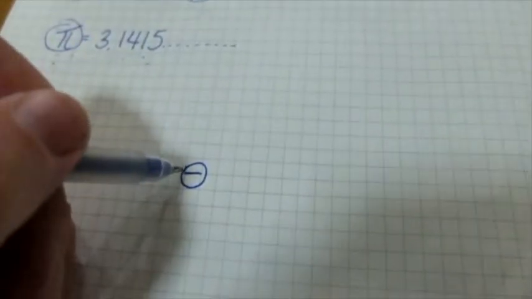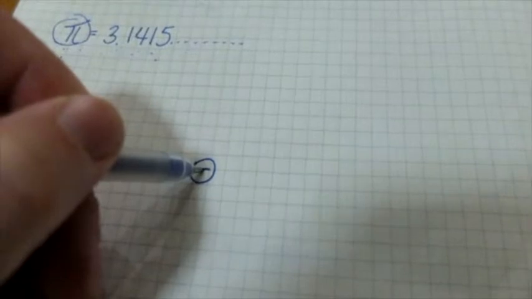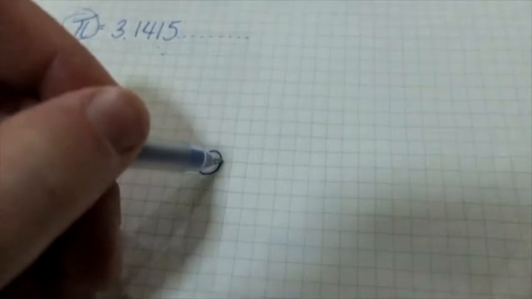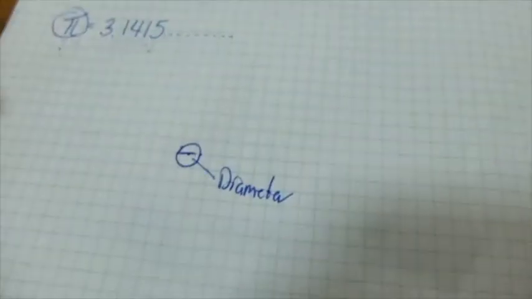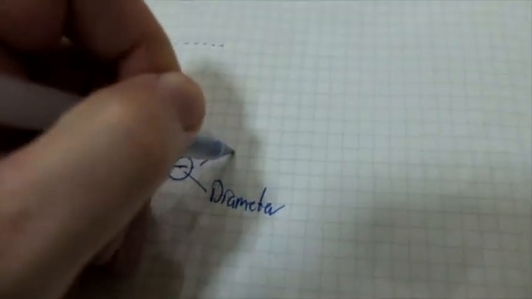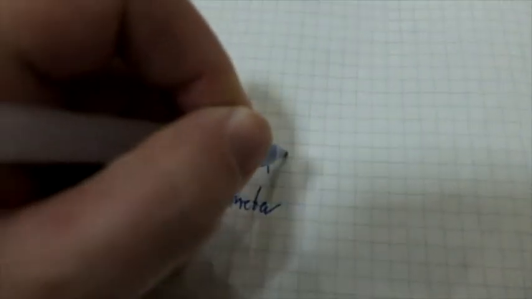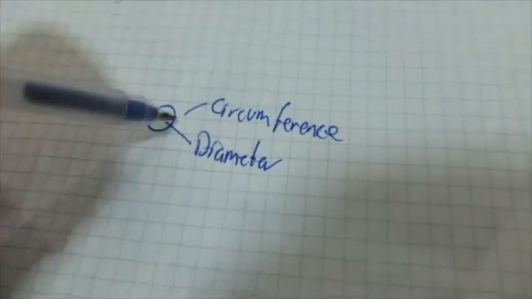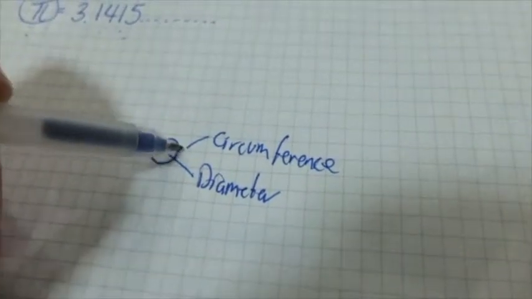Now, the measurement across the circle, from one side to the other through the middle point, is called the diameter. The other measurement is the measurement around the circle, and that is called the circumference. The diameter is very easy to measure because it's a straight line, so in this case we can see it is 1 unit.